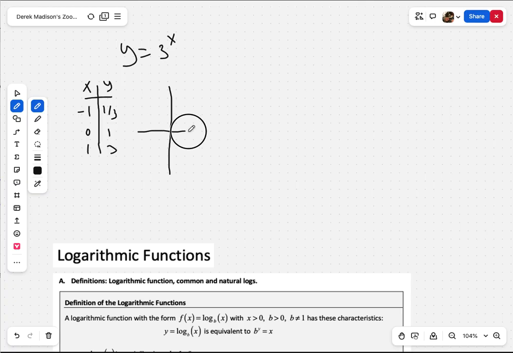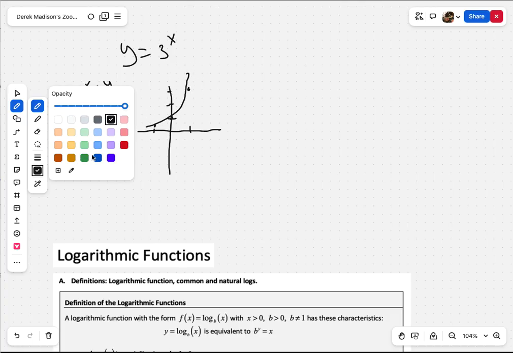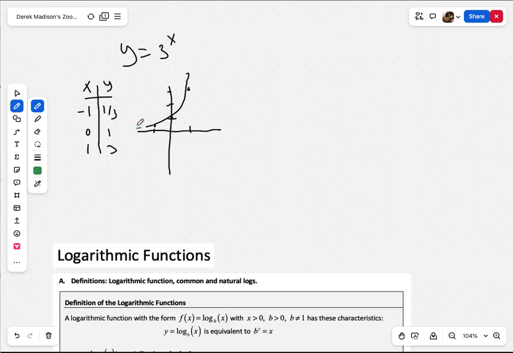This will be a very rough sketch that looked something like this. It had a horizontal asymptote right here. It always went through 0, 1, and the domain on that was all real numbers. The range was from 0 to infinity, but not including the 0.